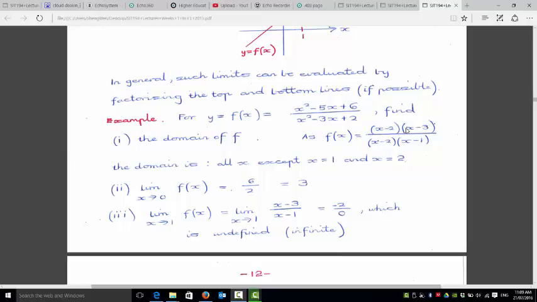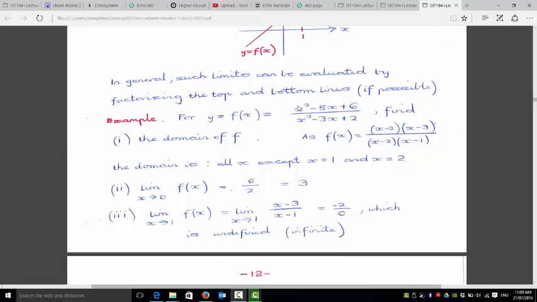Then we get, when x approaches 0, it will become very simple.